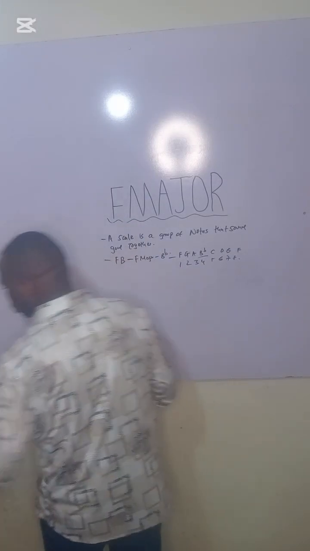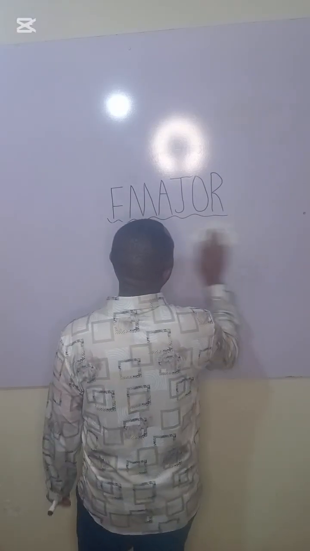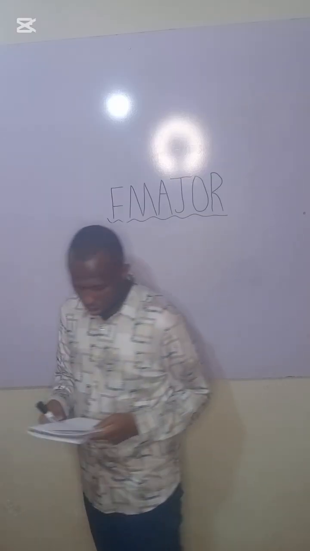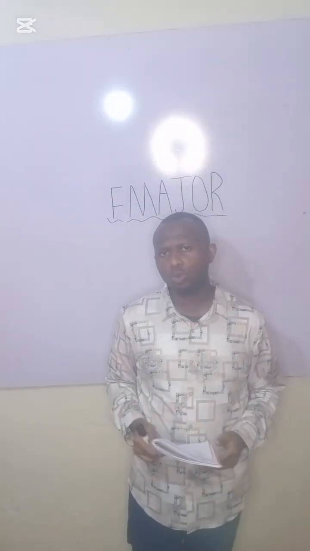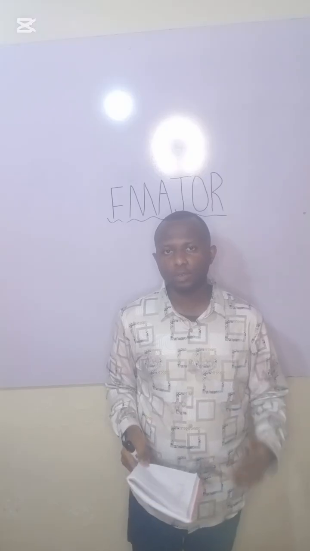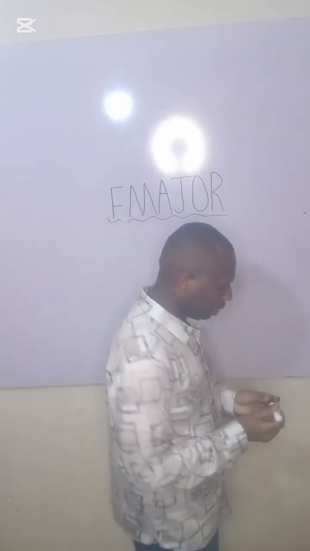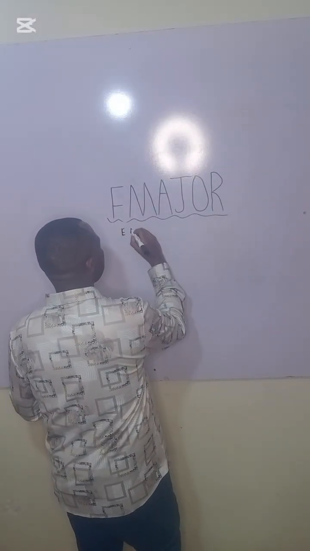Now to our second question. How is the E major scale different from the F major scale? A very good question. So first, to understand the difference between E major and F major, first let us form E major.